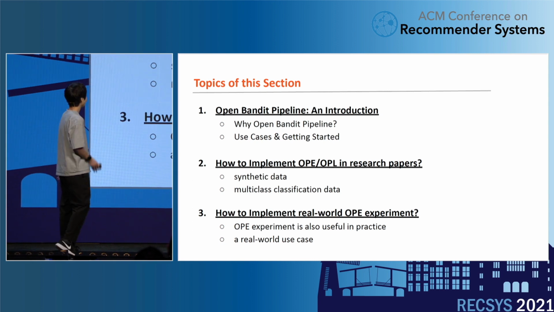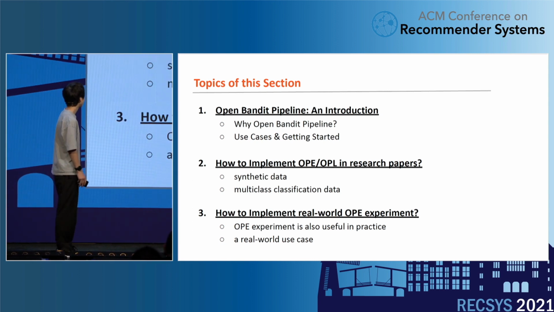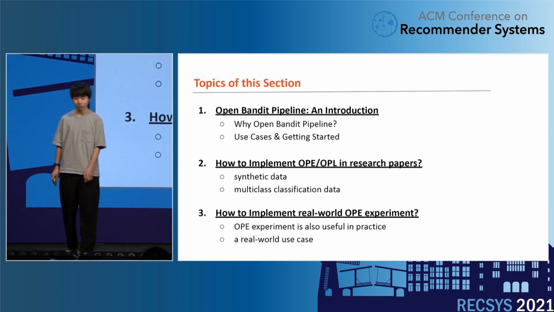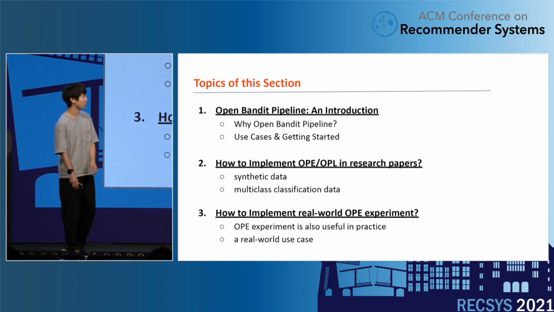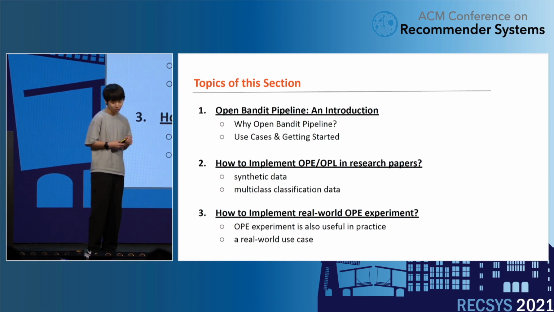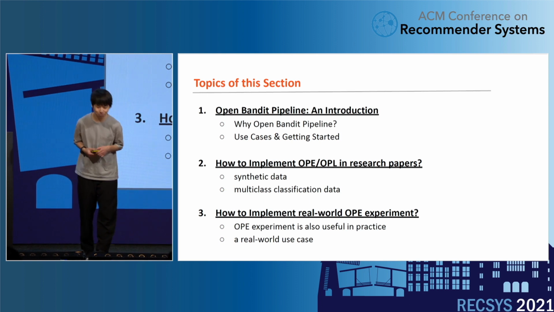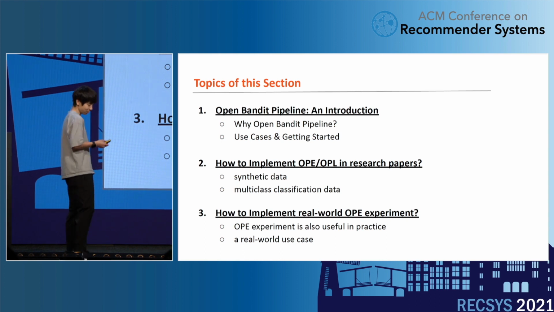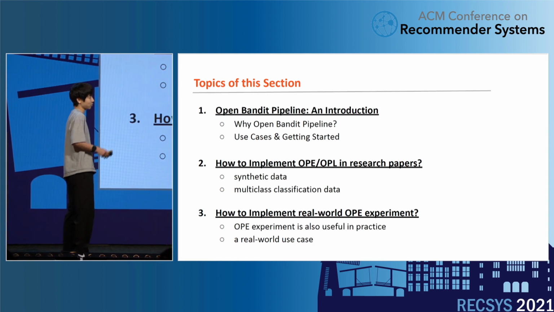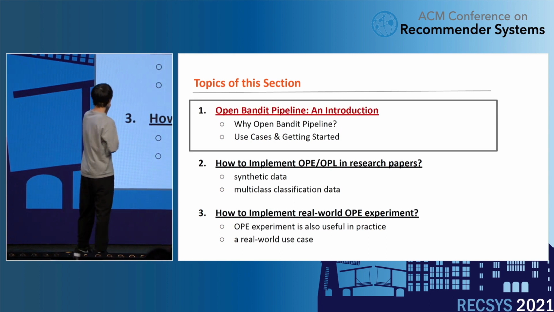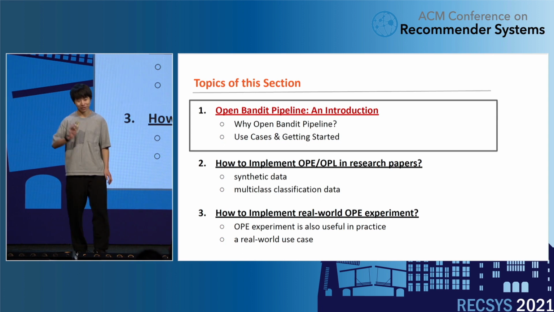Next, I'm going to introduce how it can accelerate our research process, how we can do policy evaluation or policy learning experiments when writing research papers. And right after that, I'm going to briefly introduce how to implement policy evaluation and offline learning in practice using real-world data. So let me again formally introduce the package.